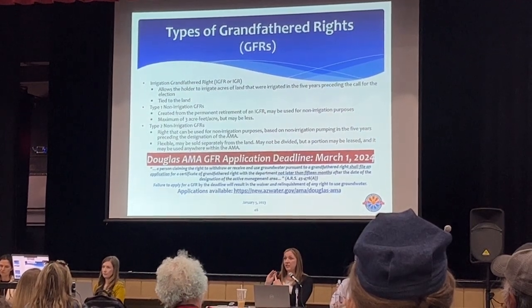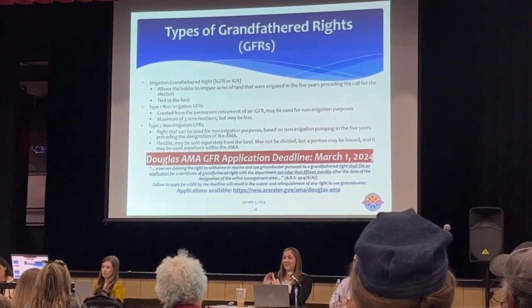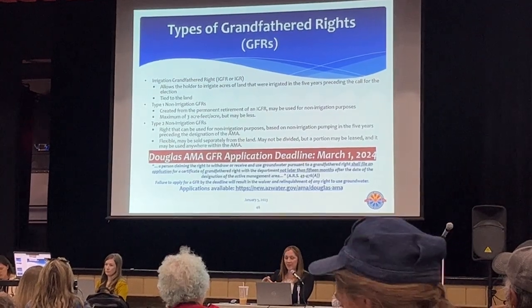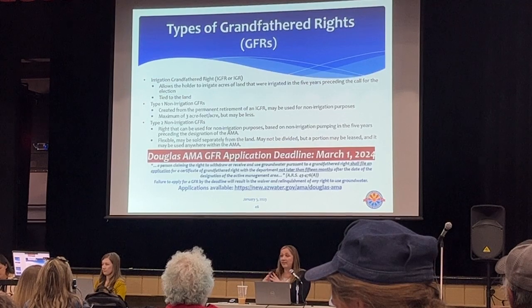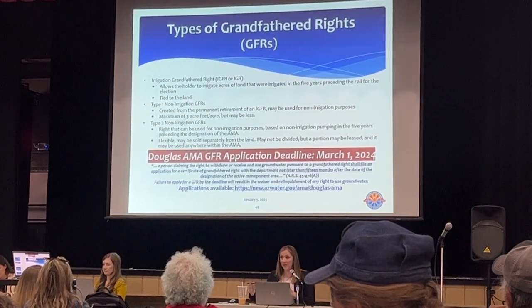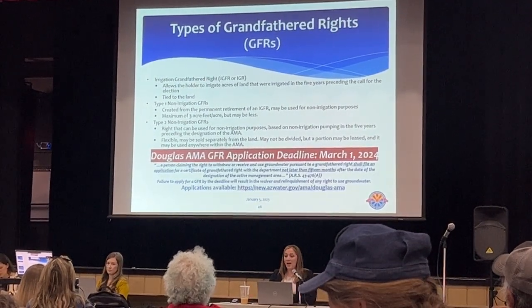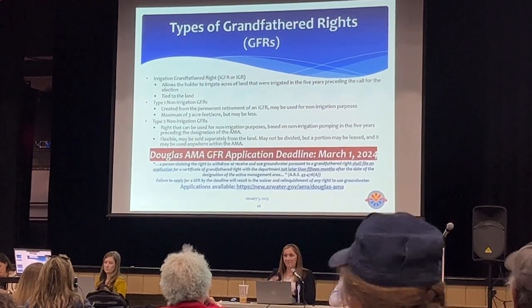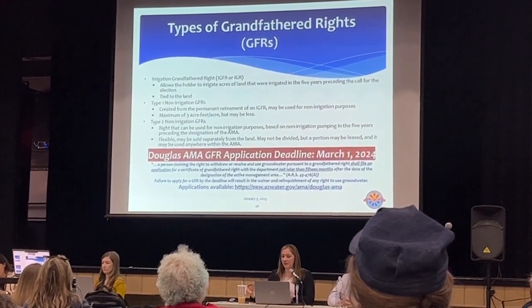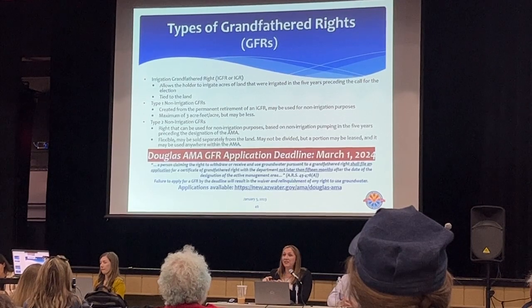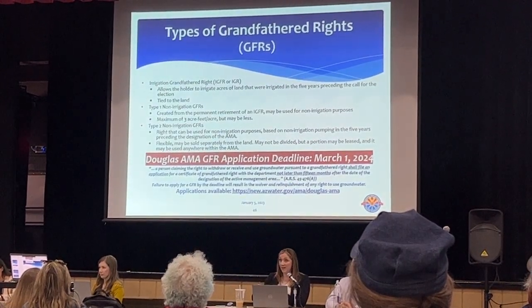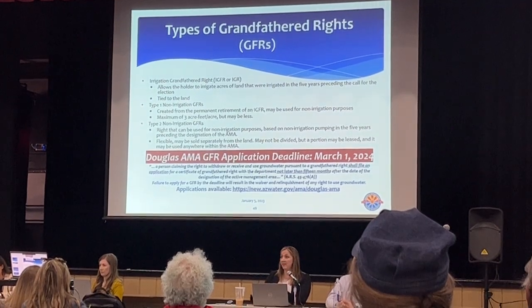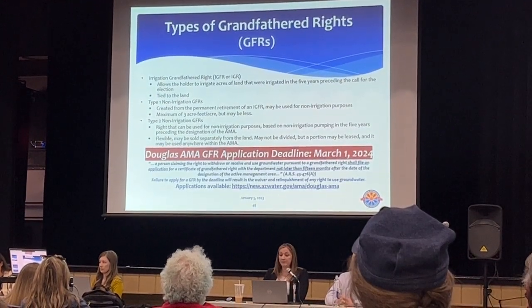An irrigation grandfathered right, or what we refer to as an IGFR or sometimes an IGR, is going to be your right that allows you to irrigate, to apply water to 2 or more acres of land. So this is going to be based on that historic irrigation or on substantial capital investment. And this grandfathered right is tied to that physical land. So if you sell that piece of land, that right goes with that land.